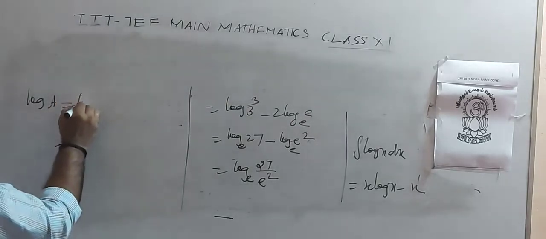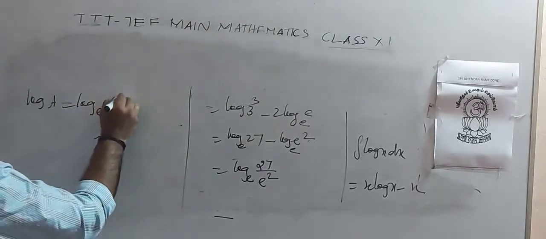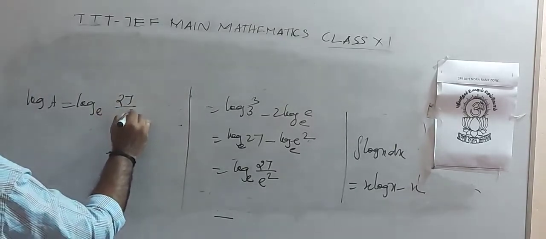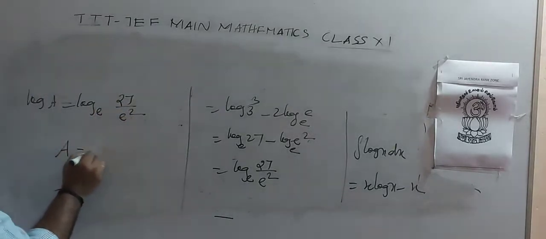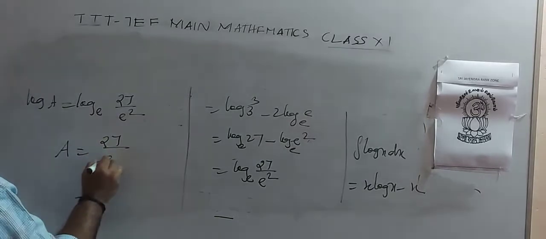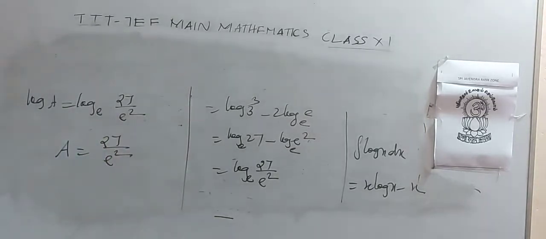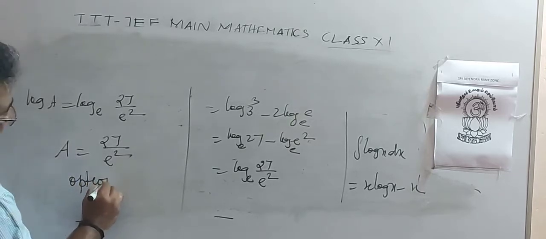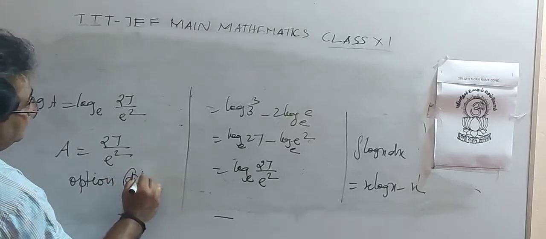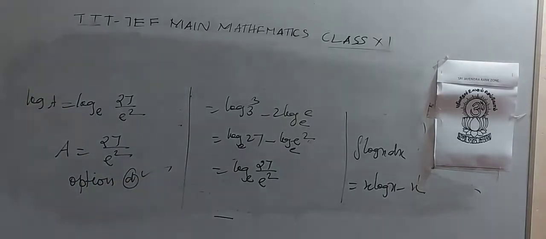So log a equal to log to the base e 27 by e squared, which implies a equal to 27 by e squared. So option D is correct.